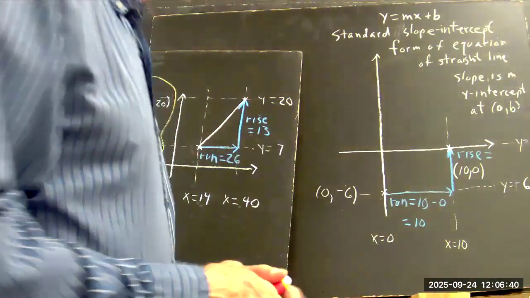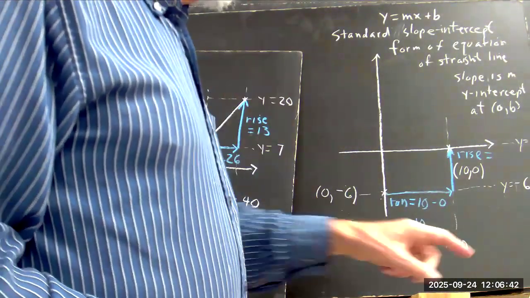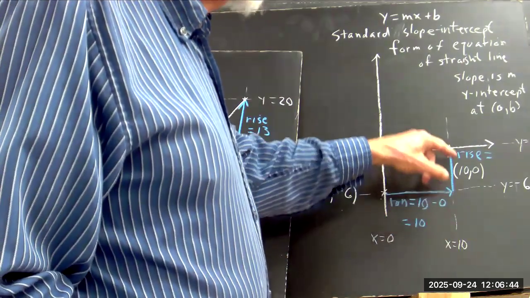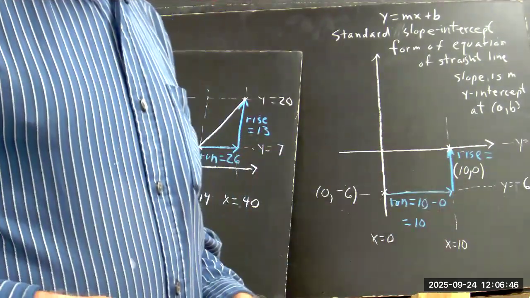And then here, you have the rise. Equals what? Well, let's just note that this is the line where y equals 0. And I wrote y equals 6 here, and it's obviously negative 6. So we're going from y equals negative 6 up to y equals 0, right?